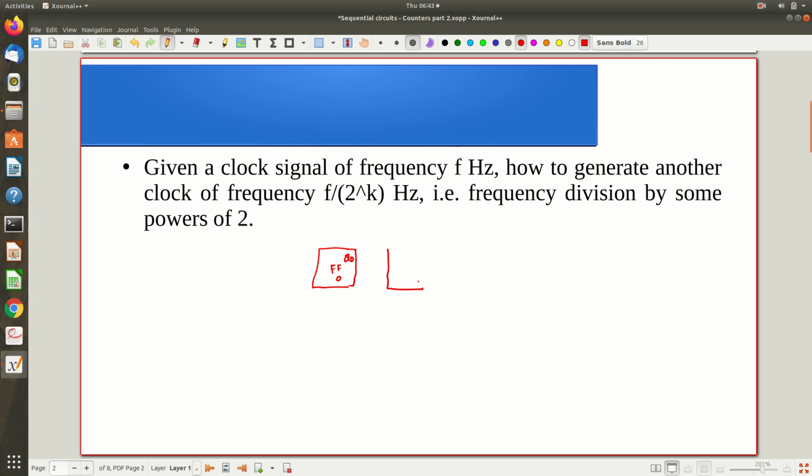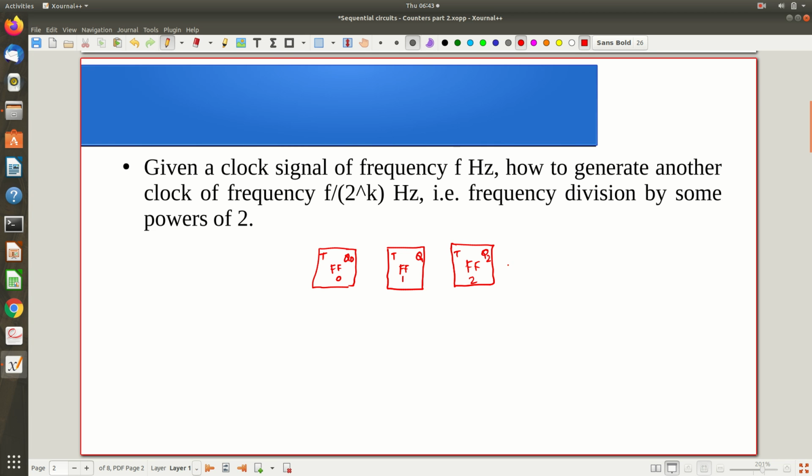Then we have another T flip-flop 1, whose output we denoted as Q1. This is your T input, right? Like that. Let me draw one more. This is your T flip-flop 2, whose output we denote by Q2.